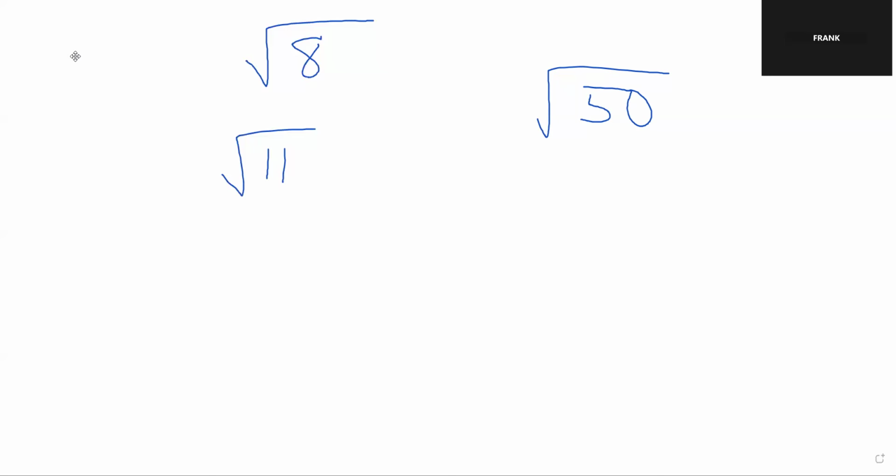If you use 16, you get 48, and there will be a remainder of 2. If you use 25, 2 times 25 is 50, then there will be no remainder. So once 25, which is a perfect square, can divide the 50 without a remainder, then root 50 is a reducible set.